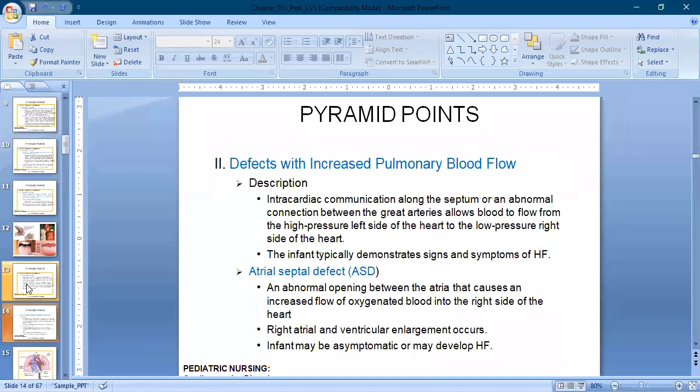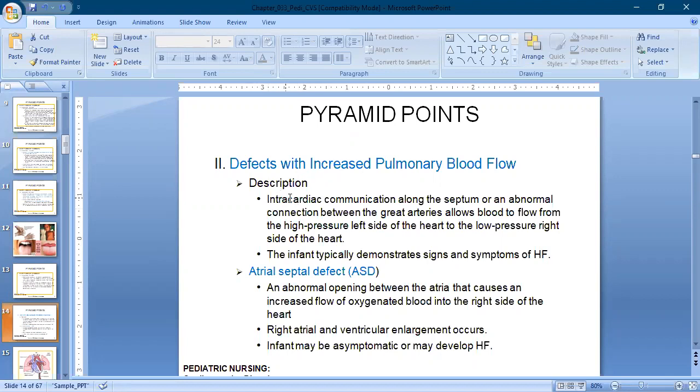So next, another disease we are going to talk about is the congenital problem called defects with increased pulmonary blood flow. So this is the congenital heart disease which leads to increased pulmonary blood flow.